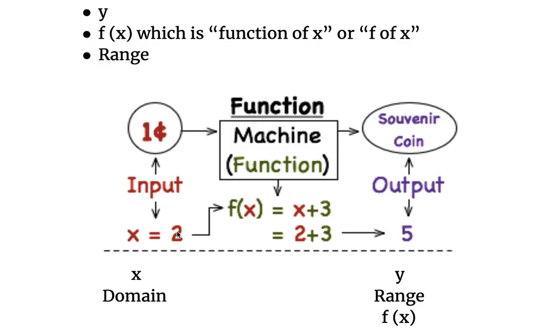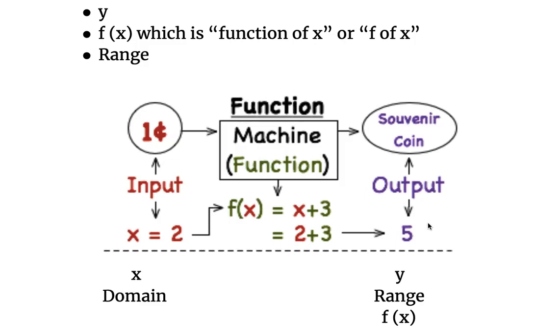When the input is 2, instead of x, I'm substituting the x for 2. So instead of x plus 3, I get 2 plus 3. So then my output, my function of x, is equal to 5. And remember, we also call the output y and range. So it's really just looking at your equations as if they're machines. And in this case, x is the input and y is the output.